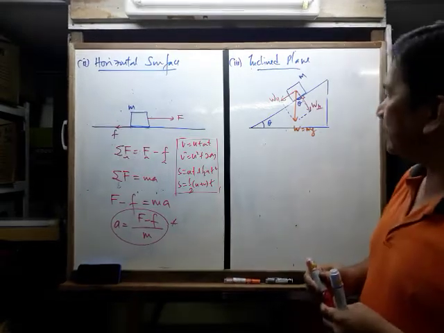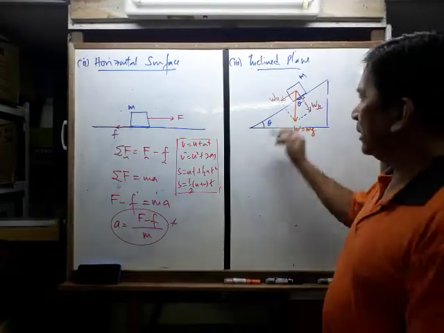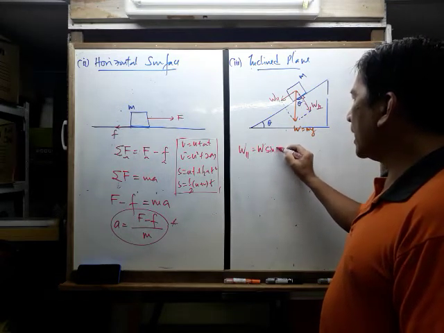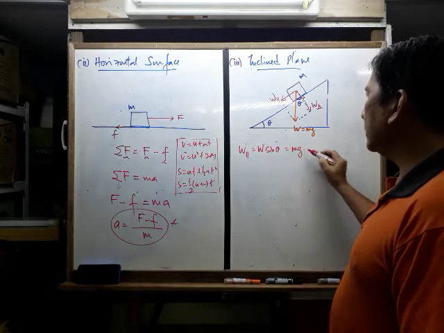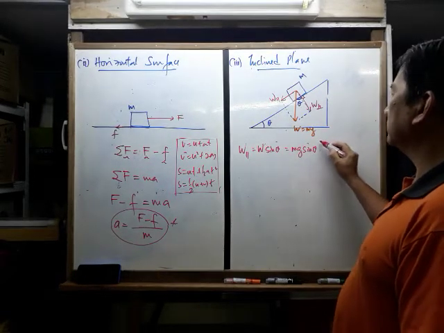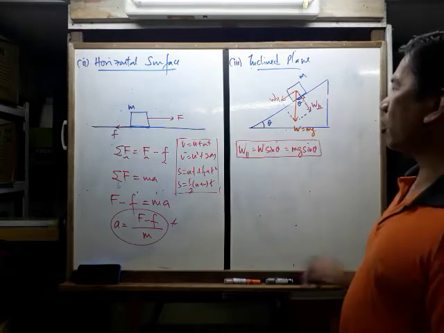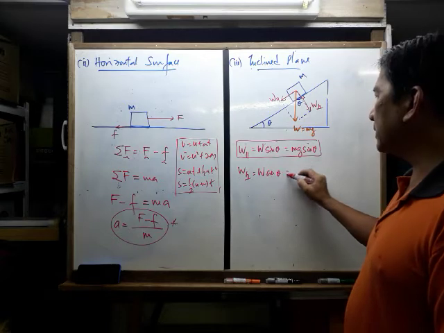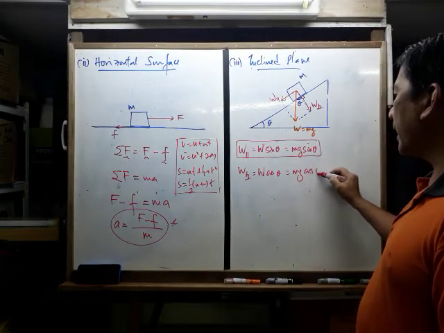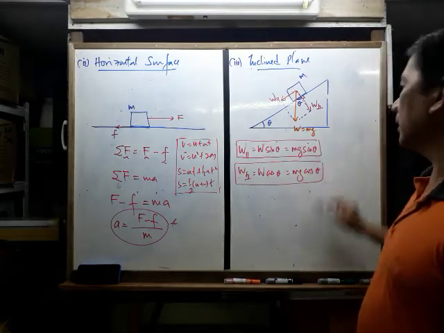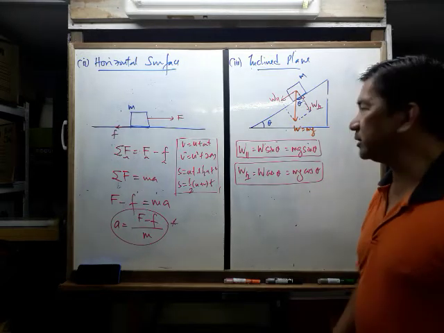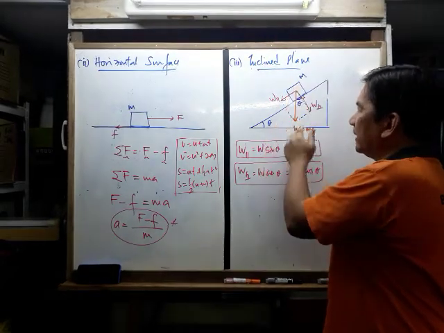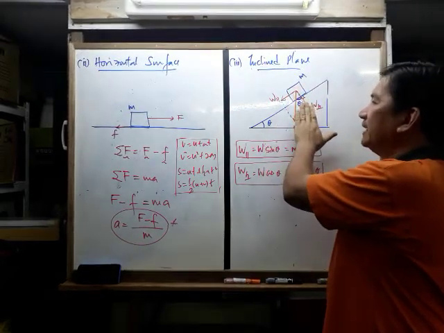From geometry, we get that the parallel component is equal to W sine theta, or mg sine theta. The perpendicular component is W cosine theta, which is also equal to mg cosine theta. We don't go into detail about how to get the equation. So these two equations are the splitting of the weight of the object on an inclined plane.